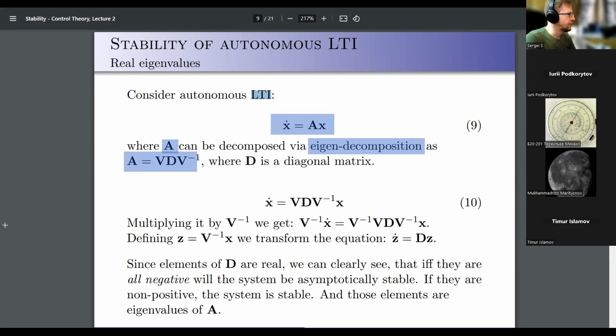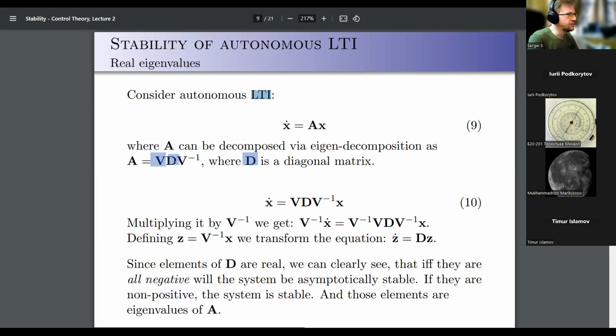So what is this eigen decomposition? D here is a diagonal matrix of eigenvalues, and V is what we call eigenbases. It's basically a matrix of eigenvectors that are stacked next to each other.